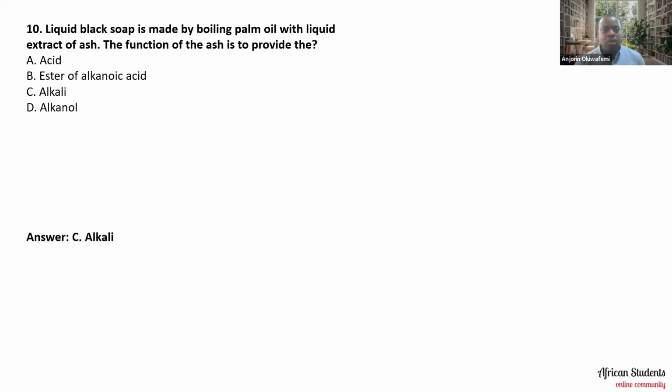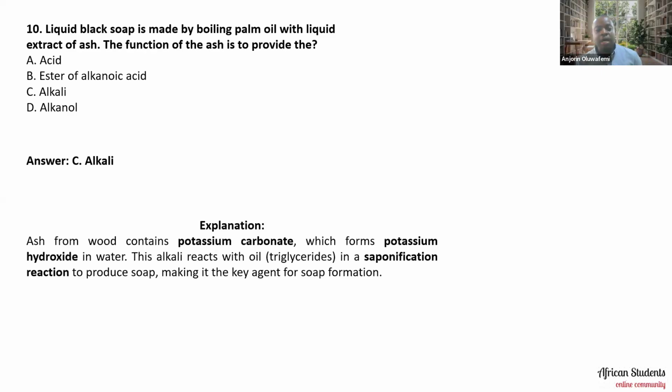Okay, so the function of ash is basically to provide the alkali, and ash from wood contains potassium carbonate, which forms potassium hydroxide in water. This alkali reacts with oil, which are triglycerides, in a saponification reaction to produce soap, making it the key agent for soap formation.